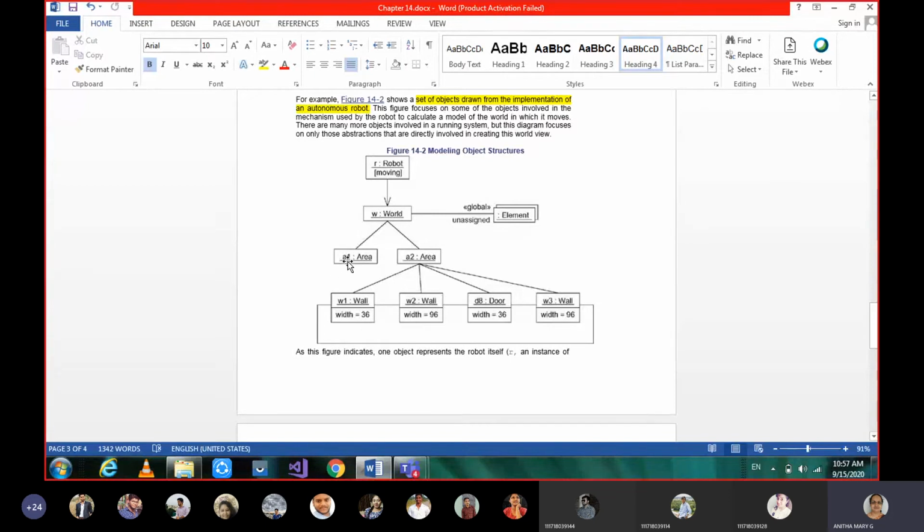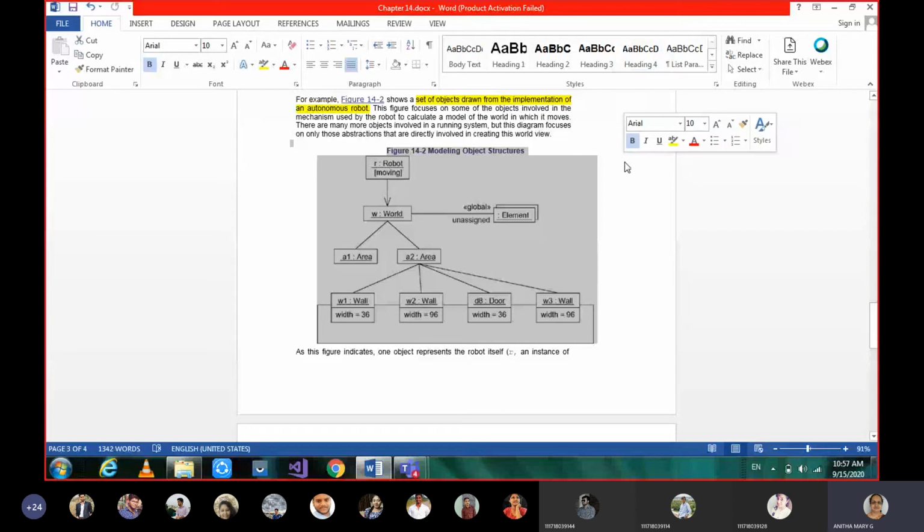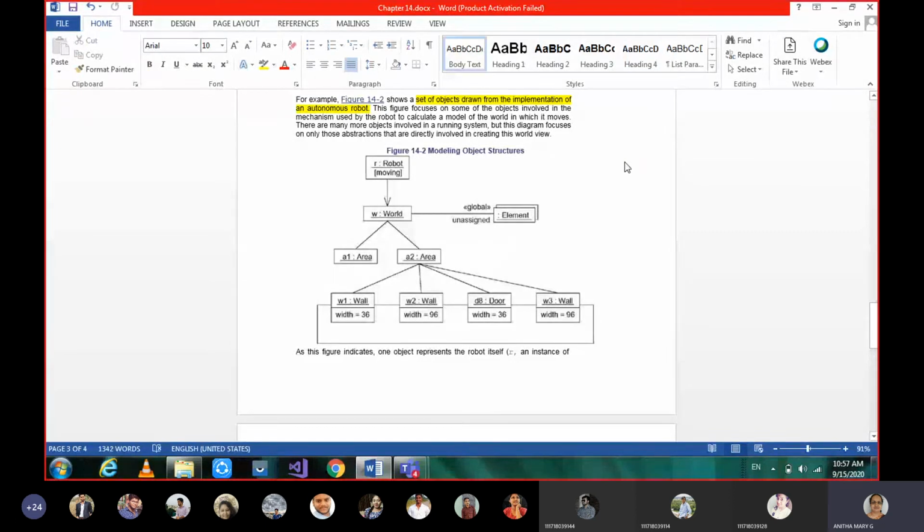Suppose A1 is maybe some open place, whereas A2 is a closed one. When it is closed, you may have left, right, front and back. Likewise they are talking about W1, W2, W3 walls, and on one side of the wall it is the door. So that is how they are talking about the implementation of this autonomous Robo.